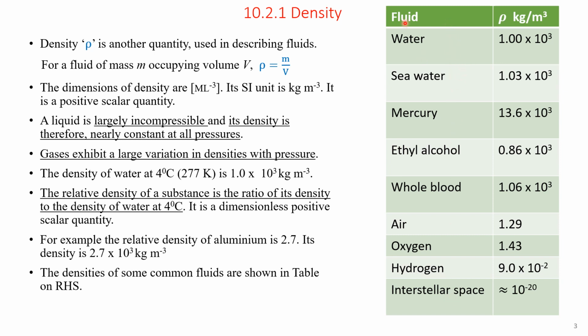Fluids, gases also are included, liquid as well as gases. In the second column, the density rho in kg per meter cube is shown. You can pause this video, note down the values one by one, and compare. For example, the density of whole blood is 1.06 into 10 to the power of 3 kg per meter cube, whereas the other fluids are also shown in the table.